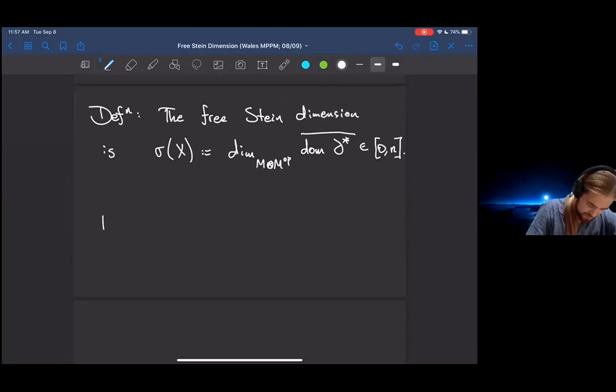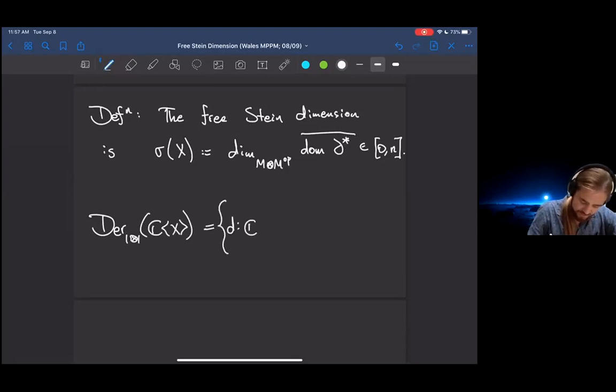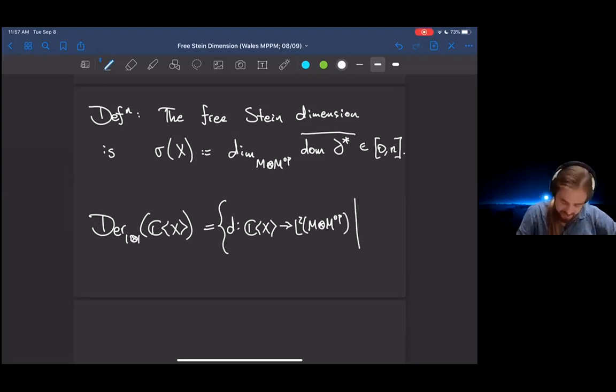And let me sketch the underlying very useful observation for that. If we consider this space that we've termed der one tensor one of the algebra of polynomials of x, we define this to be the set of all derivations from C of x into L2 of M tensor M op, with the property that D is a derivation, and also I want one tensor one to be in the domain of the adjoint of anything in this set.